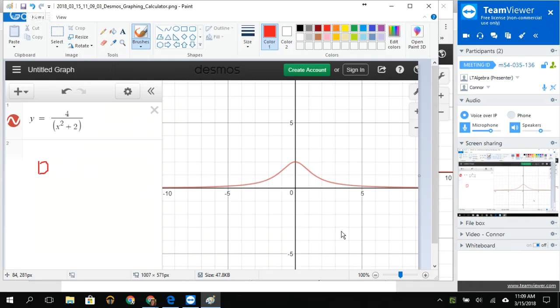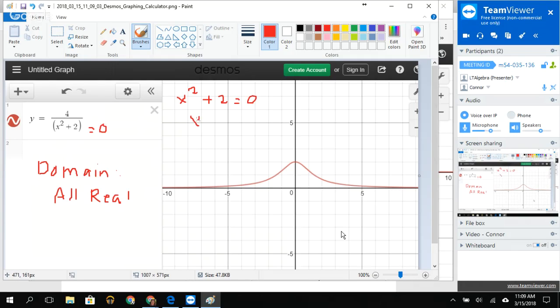The one watch out with the domain, an x that would not work, would be if for some reason we could make this bottom equal 0. If we made the bottom equal 0, then our function wouldn't be valid. But is there ever a value where x squared plus 2 equals 0?